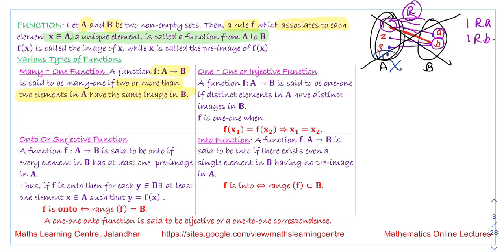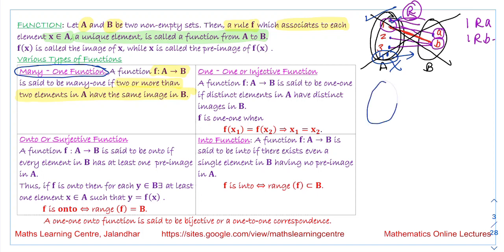First, every element of A should have an image, and every element should have a unique image. Now the first type of function we are talking about is the many one function.